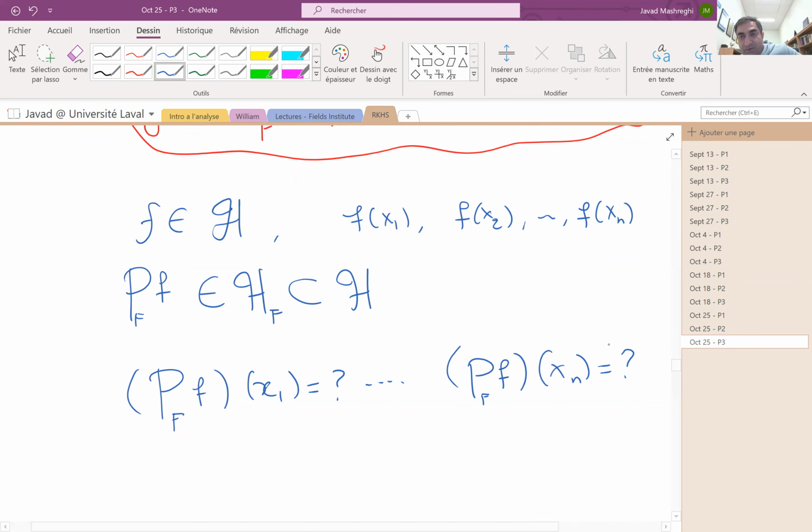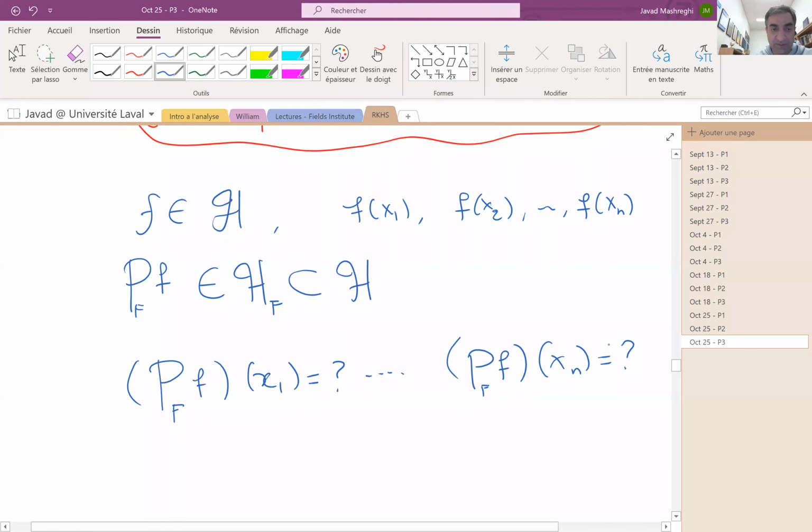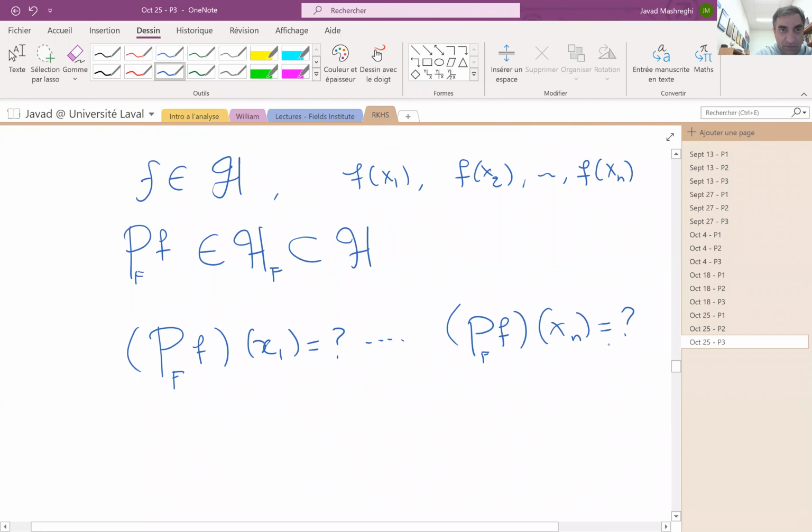And here is the point, the meaning of PF is important. PF is the orthogonal projection onto HF.